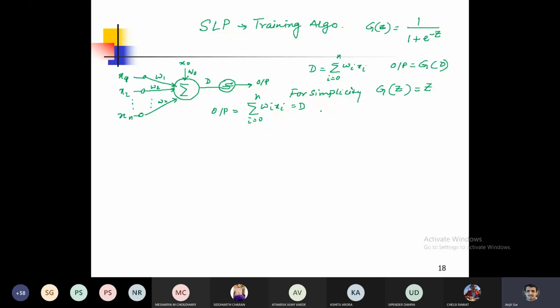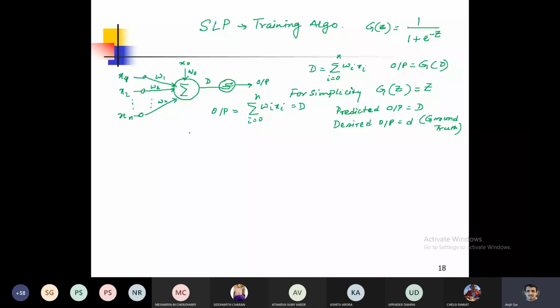This is the predicted output, so we can say the predicted output is D, and the desired output, what we call the ground truth, is what is actually supposed to be. So this is small d.